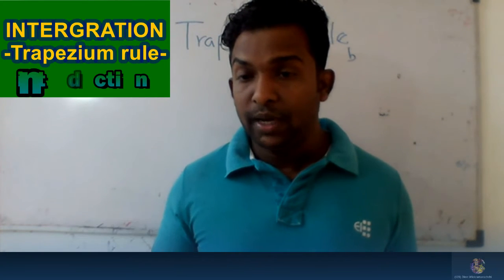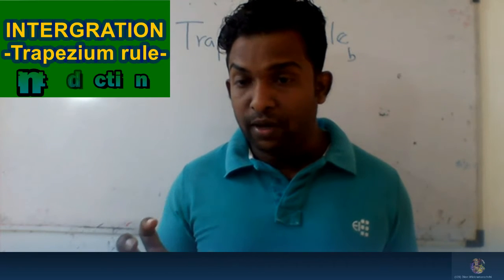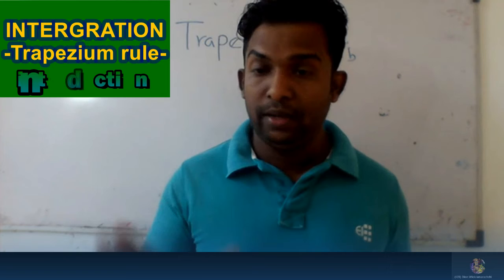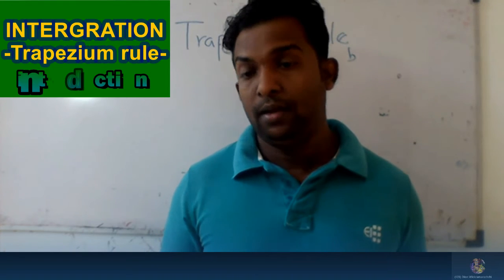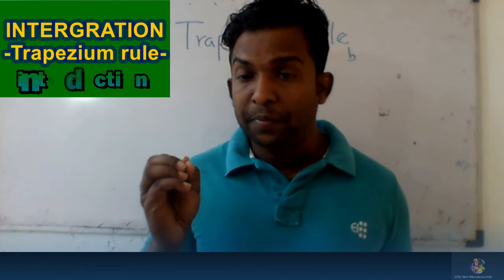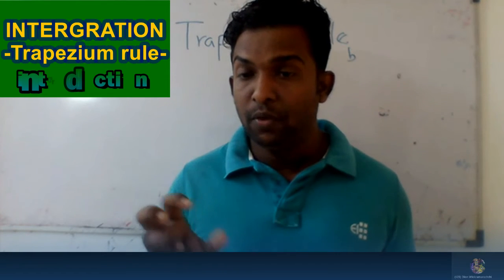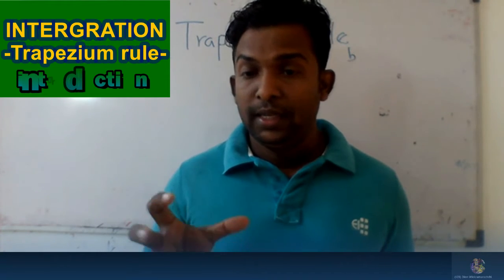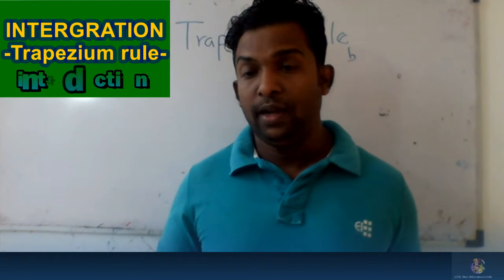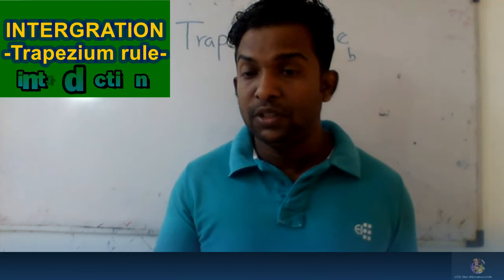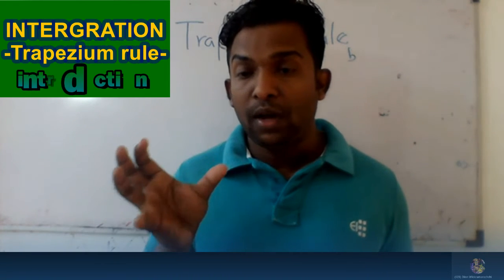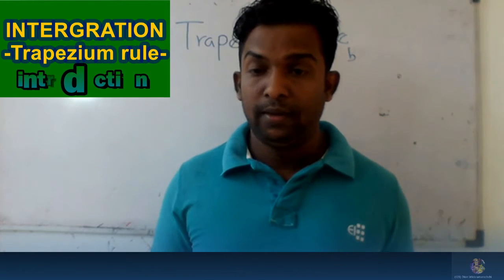At the same time, they are different, because integration will give you the exact value for the area under the graph. But when you come to the trapezium or trapezoidal rule, it is an approximation, right? Underline that word approximately. It will give only the value approximately.